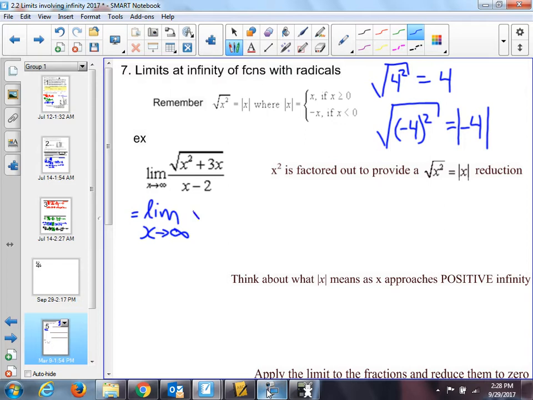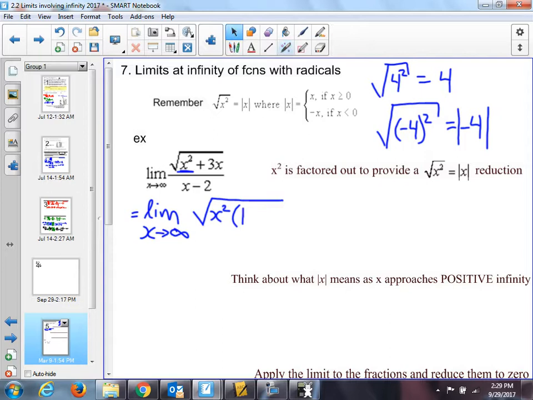Right now, if you get good at this, you can do a couple of steps at once. I'm going to factor out x squared. Let's see what I've got left behind. This is not intuitively what you would think of doing. This is a method you've got to learn. So I'm snatching the x squared out of this. That's 1, right? But then for the 3x, you're taking out x squared, so you've got 3 over x.